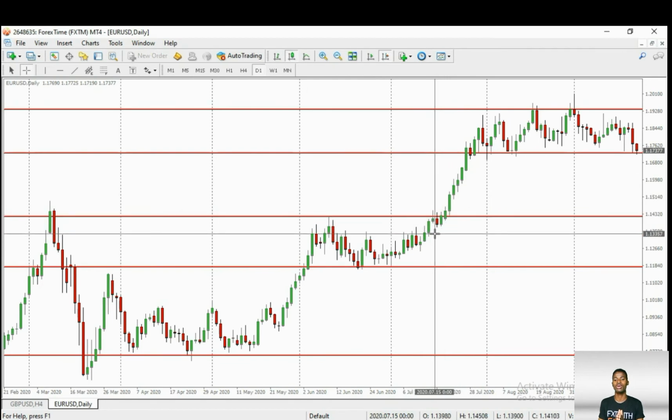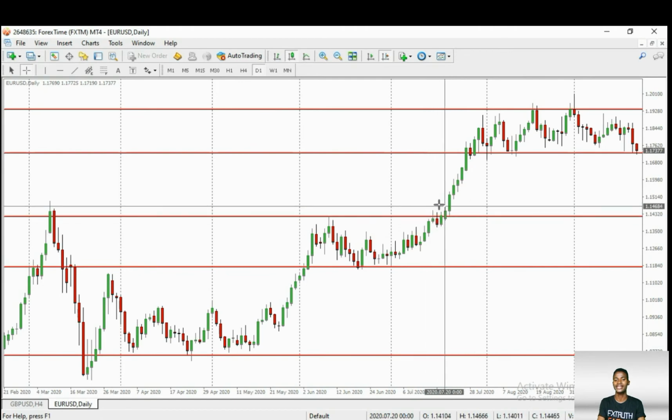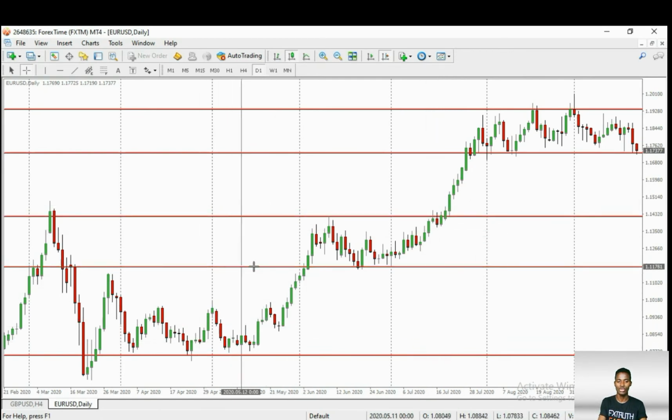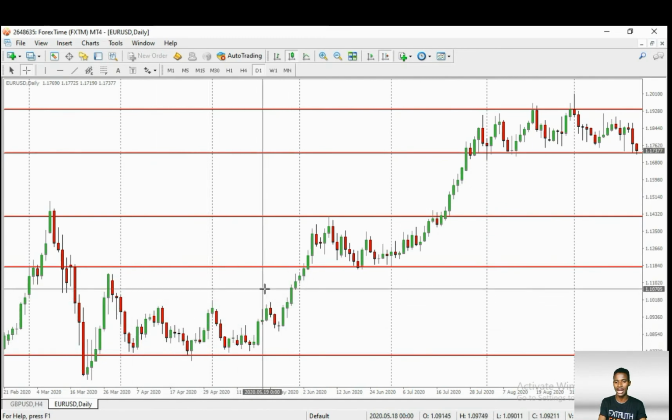For those of us looking to go long on this market, once we see this kind of pattern over here, it's a signal that we have to go long. Even while it broke out of this lower region over here, it broke out and retested.